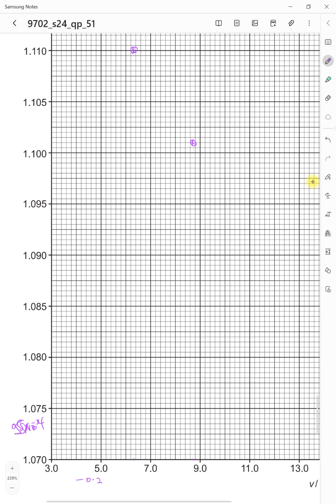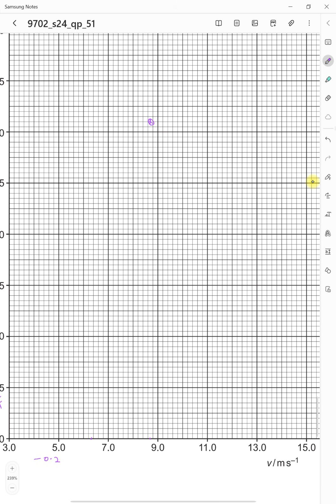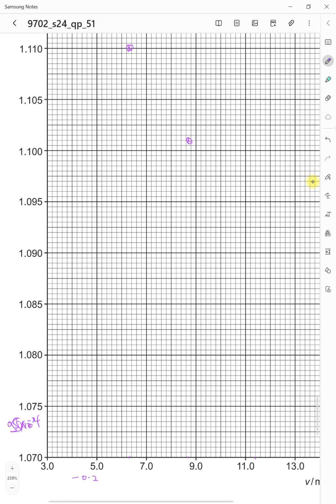Then the next one is 11.4. 11.4 is here. 11.4 is plotted against 1.092. 1.092 is after 1.09.